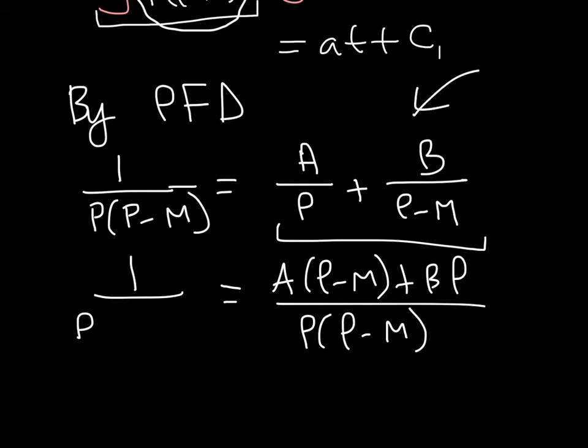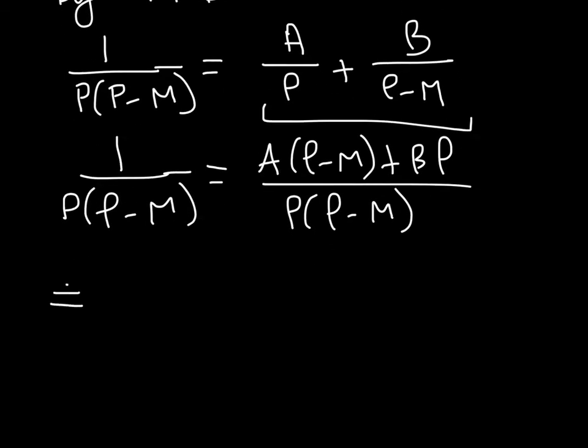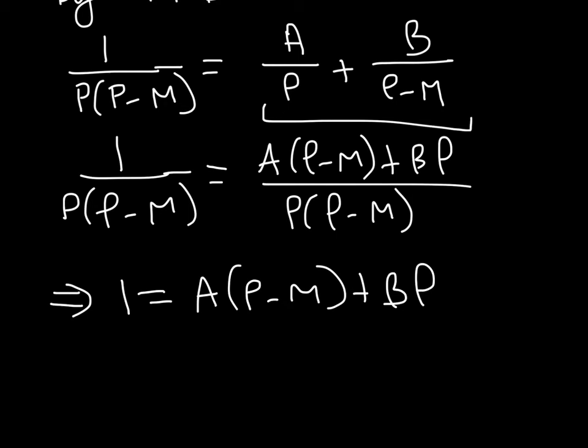And notice, just from arithmetic with fractions, if your denominators are the same, then that means that your numerators must be the same. Hence, 1 is equal to A times this quantity plus BP.